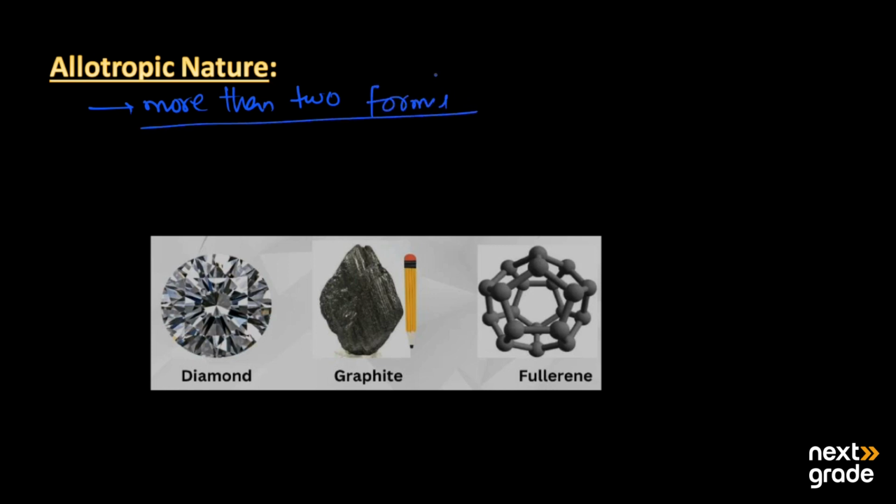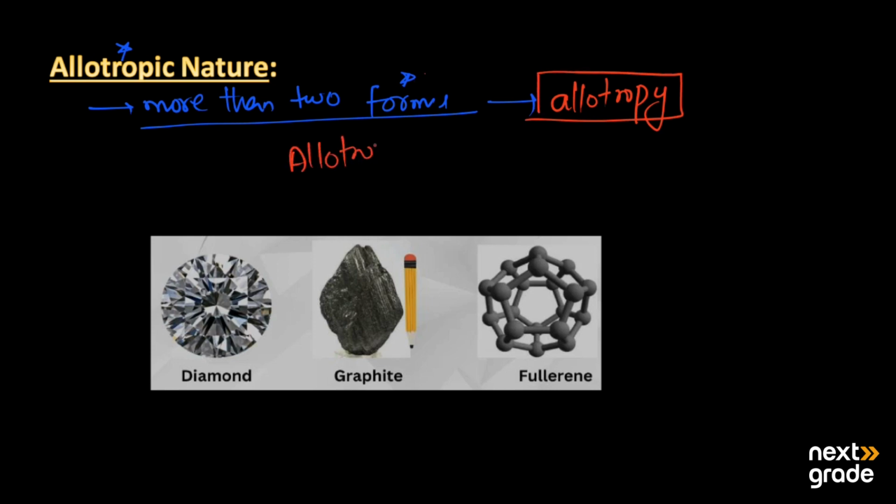If an element exists in more than one different form, then this is known as its allotropic nature, and this phenomenon is known as allotropy, and these different forms are known as allotropes. So carbon has allotropic nature.